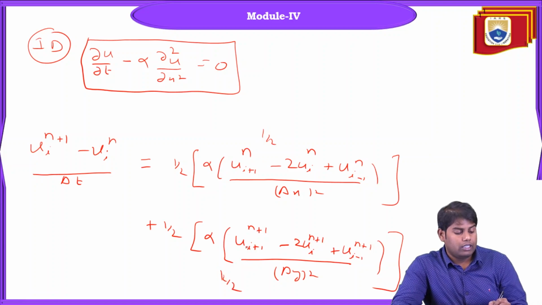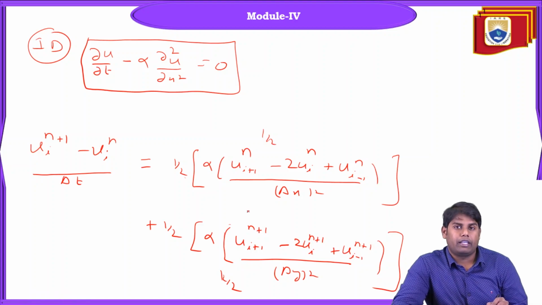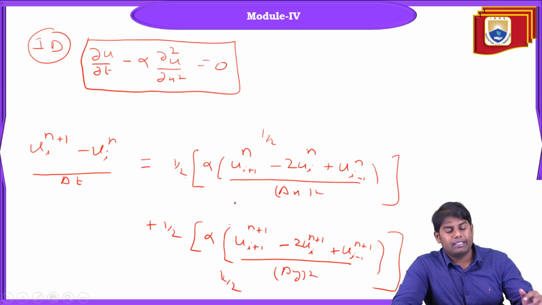The first half is solved explicitly, the second half implicitly. This is how the Crank-Nicolson technique solves. It is called a semi-implicit technique: half implicit, half explicit.